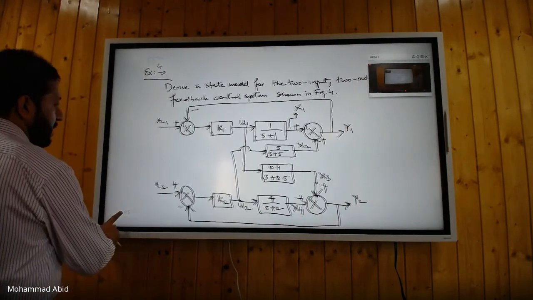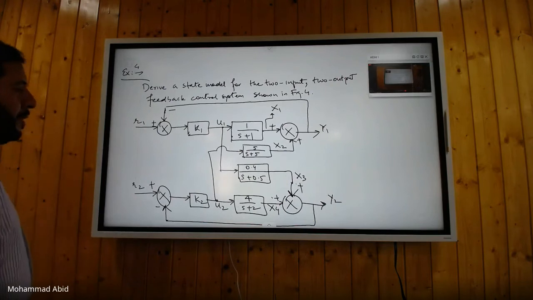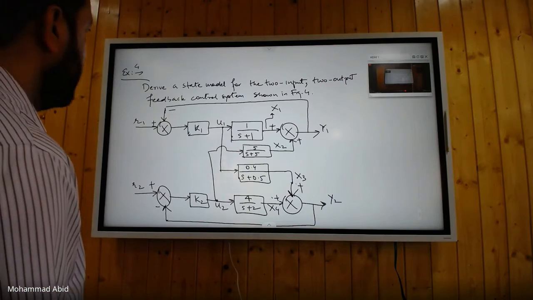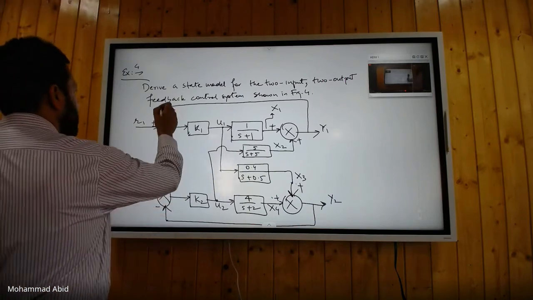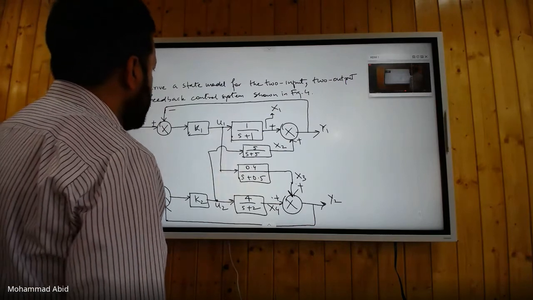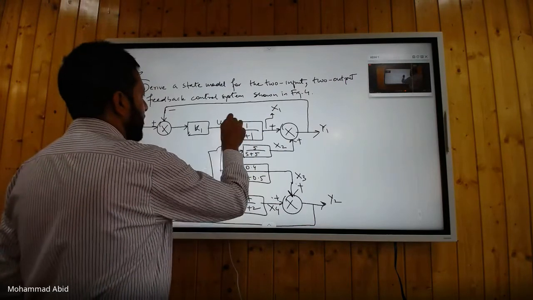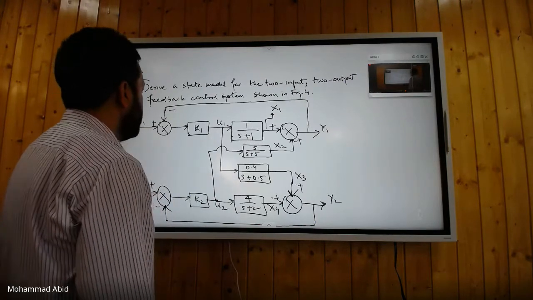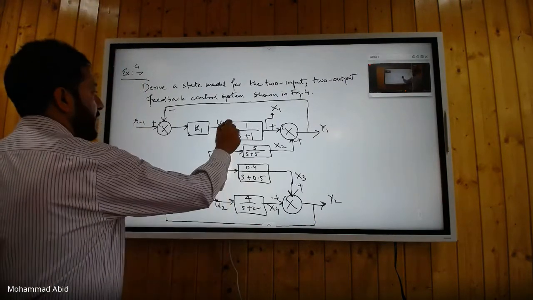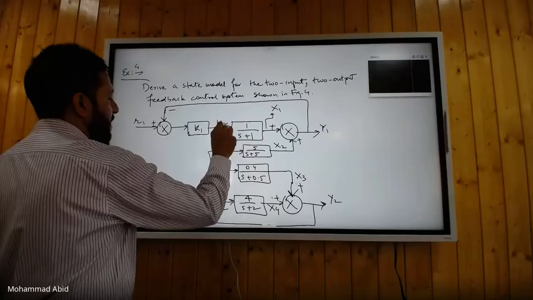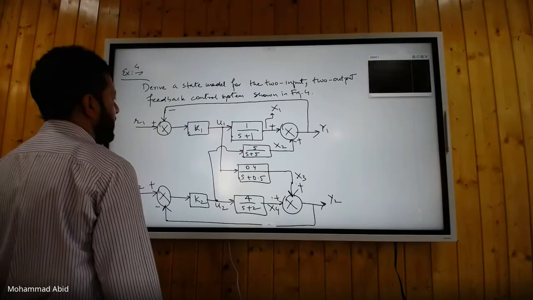ठीक है. अब नेक्स्ट हमने इक्वेशंस लिखनी है इसकी. यहाँ पे इस ब्लॉक को इनपुट किया जा रहा है. ये वाले ब्लॉक को इनपुट किया जा रहा है u1, named as u1, isn't it?